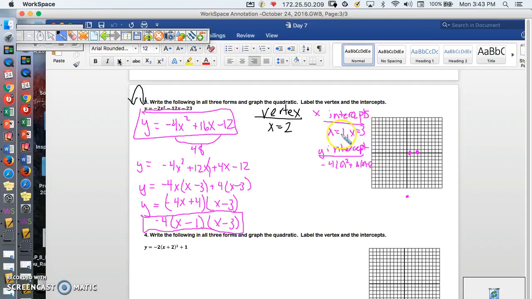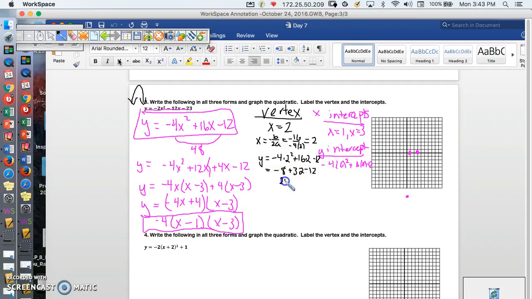We could get that two ways. We could look, it's in the middle, or we could say the opposite of b over 2a. So negative 16 over negative 4 times 2. And then we plug it in. So y equals negative 4 times 2 squared plus 16 times 2 minus 12. So let's see, negative 8 plus 32 minus 12.